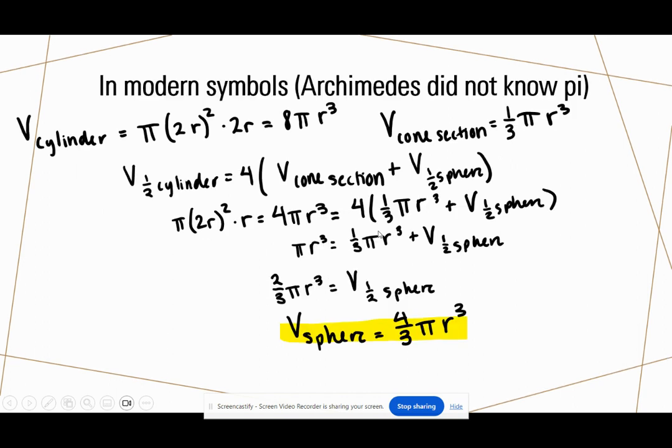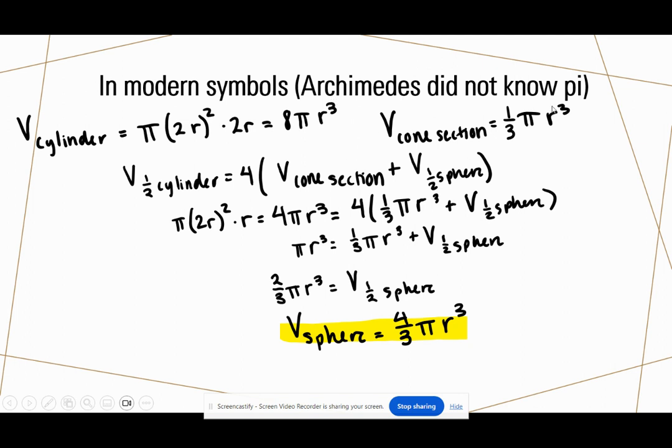Obviously Archimedes doesn't know pi. He created an approximation for pi, but he didn't have the symbol that we use today or the exact value. So this is in modern algebraic symbols. Over here, the volume of the big cylinder is 8 pi r cubed.